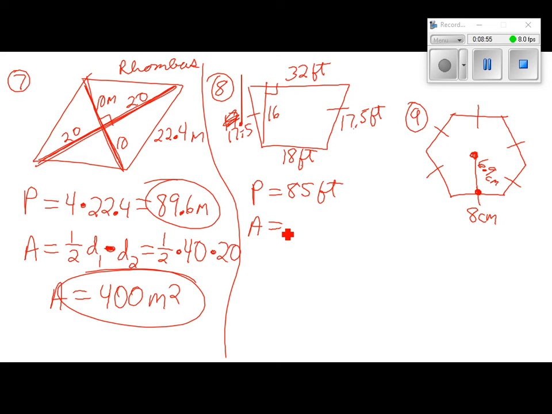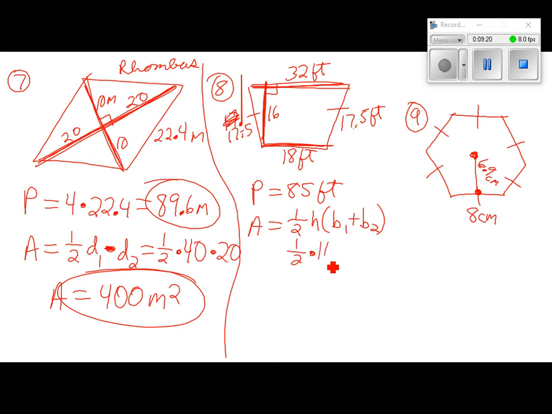Next one, for area, the formula for area of a trapezoid is 1/2 times height times base 1 plus base 2. Remember, the bases are the two sides in the trapezoid that are parallel to each other, so it's those two. So this one's going to be 1/2 times, the height is right here. Again, when we get to the three-dimensional figures, don't get the heights of them confused with the height in a two-dimensional shape.